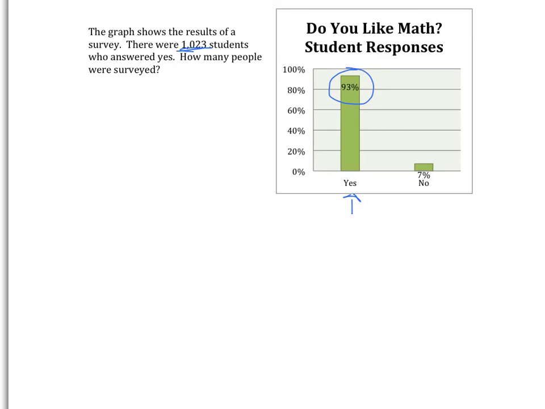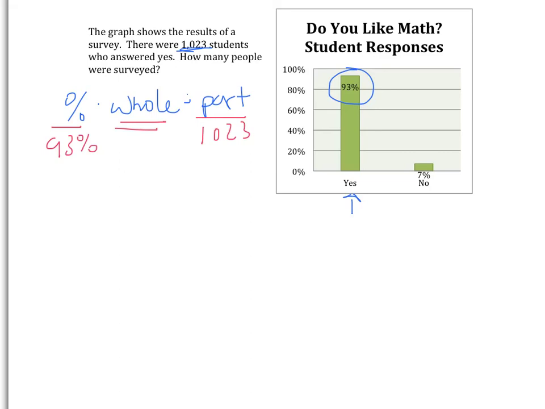So, on this survey, I'm going to say that the percent times the whole is equal to the part. It's the whole that I'm looking for here. The part is the 1,023 students. Of that, I know that 93% is how many answered yes, which is the 1,023.